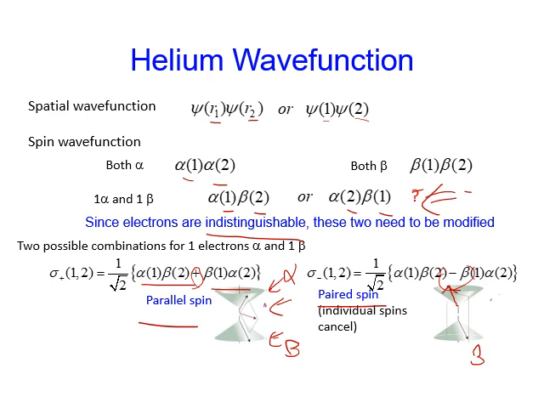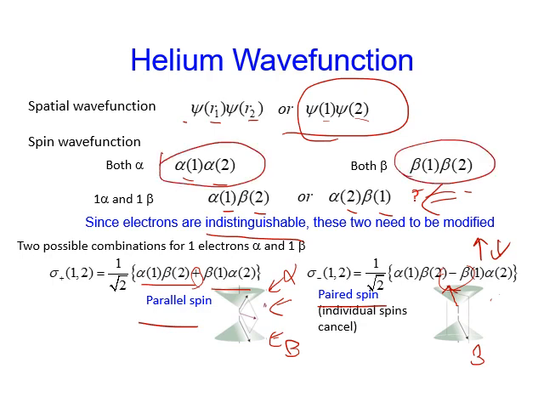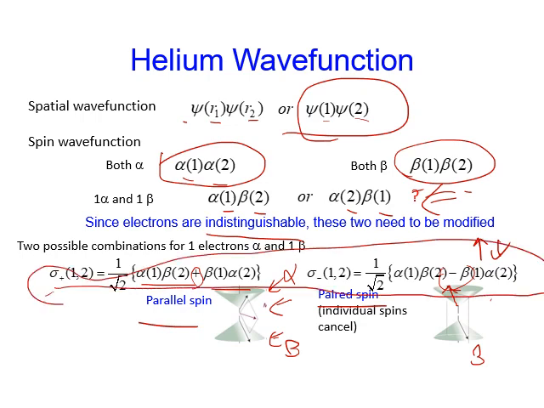In chemistry, we may write this as up and down in the paired state. Now, to write the total wave function, we need to include the spatial wave function and the spin wave function. You have both alpha state, both beta state, or one in alpha, one in beta. So 4 of them.